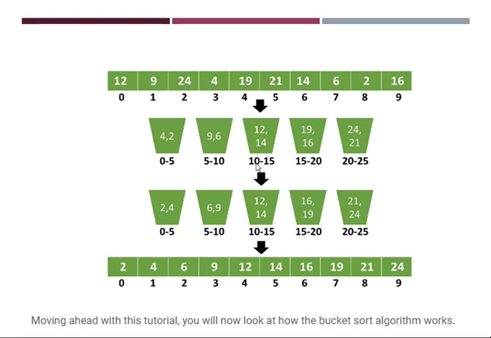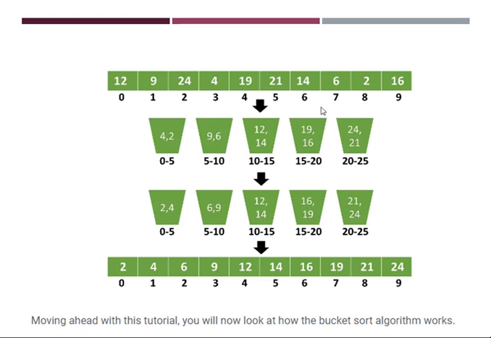Then 12 goes to the bucket having values 10 to 15, 14 also goes in this bucket. Then 19 goes into the bucket holding values 15 to 20 and 16 is also included in this bucket. Then we have values 24 and 21 which go to bucket 20 to 25.